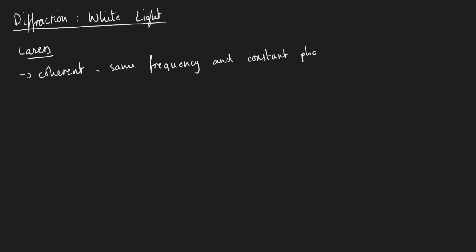It doesn't necessarily have to be always in phase, although for lasers it is. Coherent light in general just has a constant phase difference. In the case of a laser, all of the waves are in phase with each other. This is why lasers are so powerful: if all of the light is in phase, we're constantly getting constructive interference, so we're getting really bright lasers transferring loads of energy.